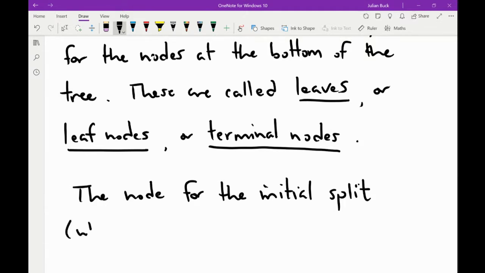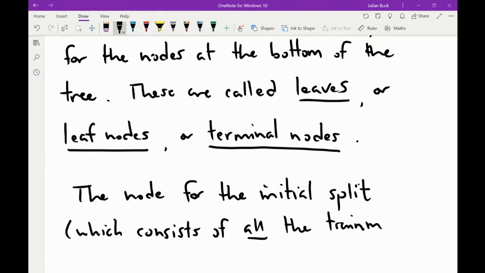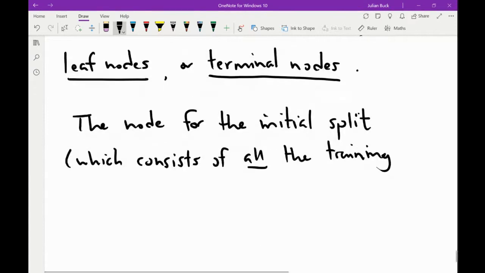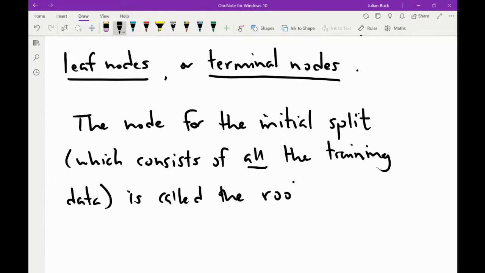So this node, which consists of all the training data, is called the root node. So hence, it's the root of the tree, right? The root system, so to speak. You can see it's another tree-type name.